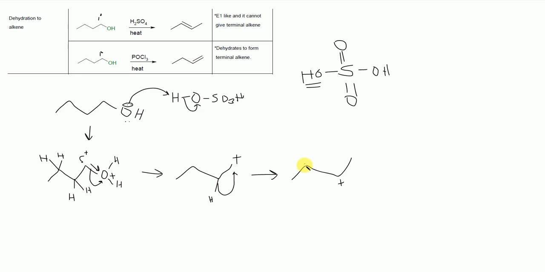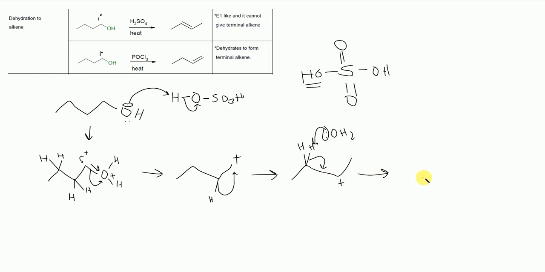And then at this point, we can take one of the adjacent hydrogens and form the internal or more substituted double bond here. So we're going to bring water again, right? And this has to be in the presence of heat. Heat helps promote dehydration always, and it really helps in this case the formation of the more substituted double bond, right?